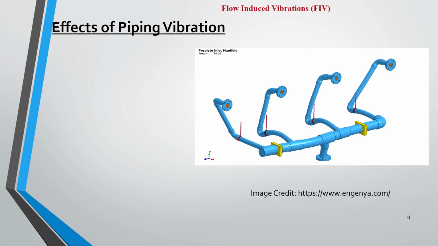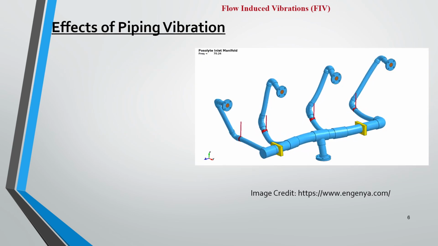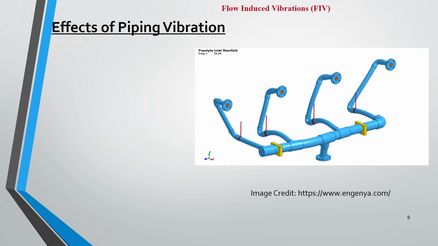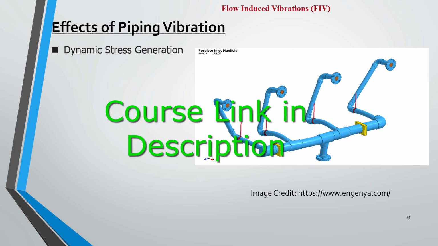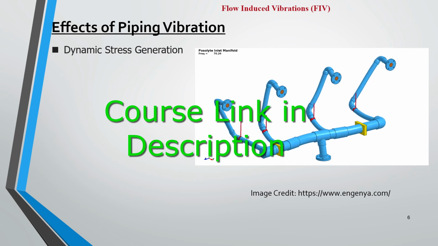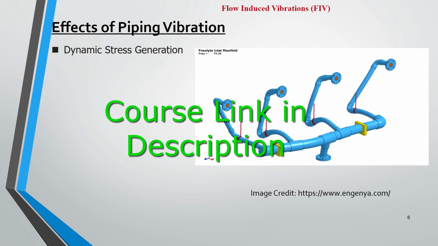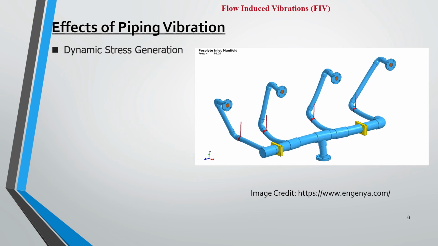Now effects of piping vibration. Piping vibration causes dynamic stresses in a piping system. So dynamic stress is generated due to the piping vibration, and if the stresses are more than the critical value, it will initiate a crack that will propagate slowly and end in the failure of the item in concern.